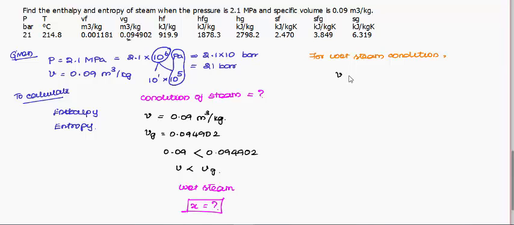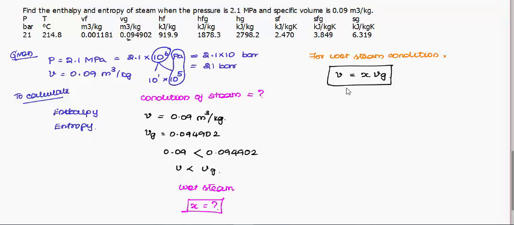Volume of wet steam equals x into Vg. Since specific volume is given, I prefer V equal to x into Vg. If enthalpy is given, H equal to Hf plus x into Hfg. If entropy is given, S equal to Sf plus x into Sfg. Okay?